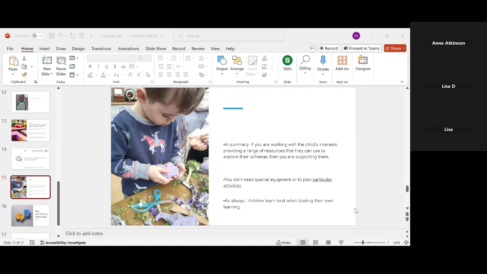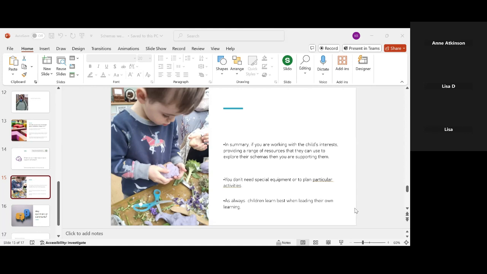So as it says in the EYFS, children are learning best when they're leading their own learning. So have a think about the children in your setting, recognizing what they need from you to support these experiments that their brains are doing. Is it that you've got a child who likes transforming and they really want to just mix stuff together all the time?